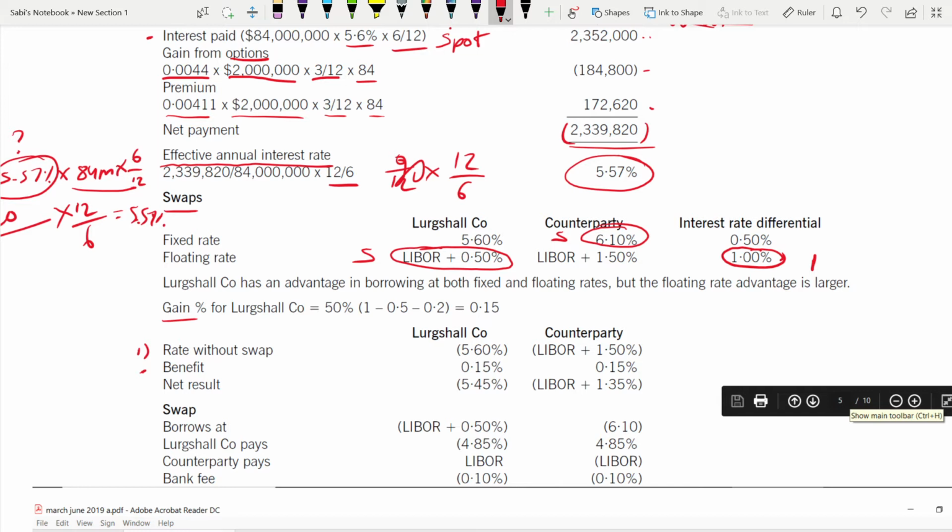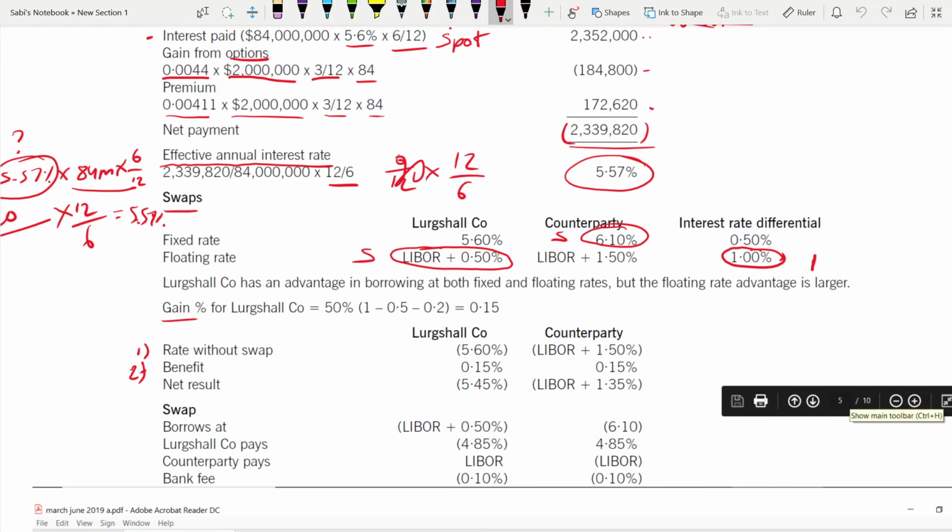Coming to benefit, next is your benefit. Because your rate without swap minus benefit is your net result. That net result you have to find. So number 2 is benefit. How do you find benefit?